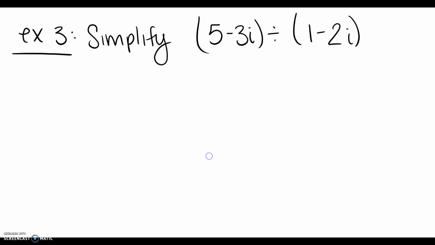So first of all, you should rewrite this as a fraction. And the thing is, we don't want complex numbers in the denominator, or anything irrational for that matter. So what we need to do is multiply by the complex conjugate. I'll write that off on the side.